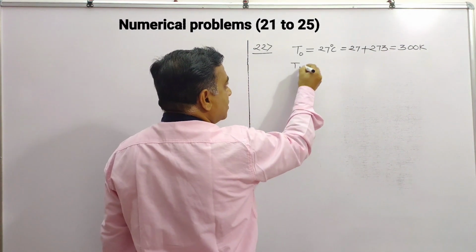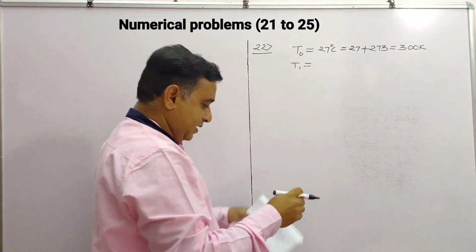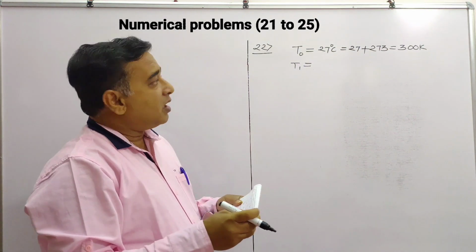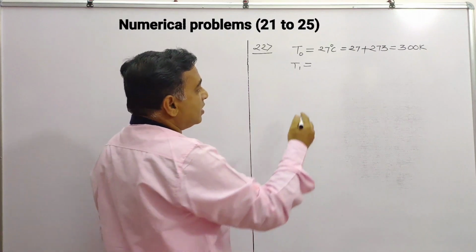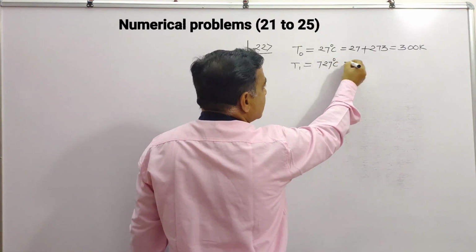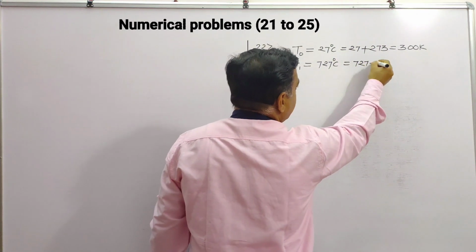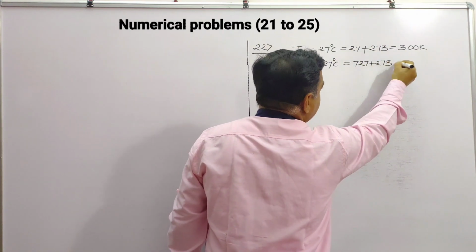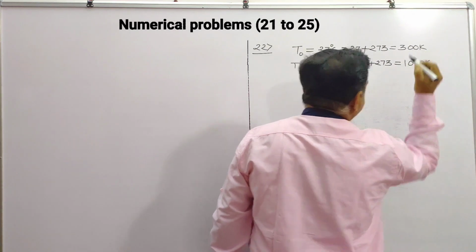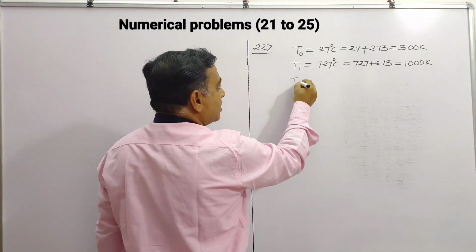What about the temperature of the body initially? At different temperatures it is kept. Initially it is at 727 degrees Celsius, that means 727 plus 273, that is 1000 Kelvin. What about the temperature T2?